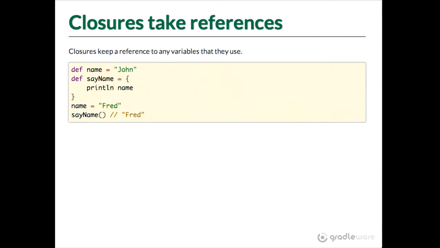Okay, so the question was, I said that it retains the context of where it was defined, and this slide shows the value changing. What I was trying to say is that it doesn't maintain the values in which it was defined. It maintains a reference to the context at the time it was defined. And because it's a reference, if that context changes, then what it gets changes too. So when you call the closure after you've changed the name, the closure will get the new name.